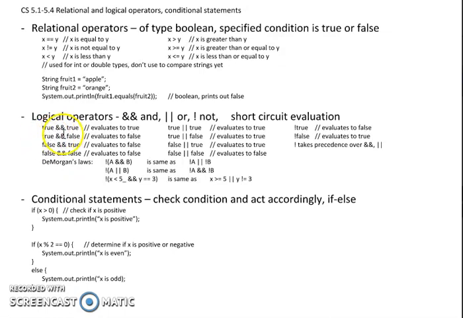So when it's evaluating the truth value of an and expression, and also for an or expression, it does something called short circuit evaluation. It knows that as soon as it hits a false when it's doing an and operation, the whole thing is false. So it evaluates left to right. In this case, it would evaluate the first one.